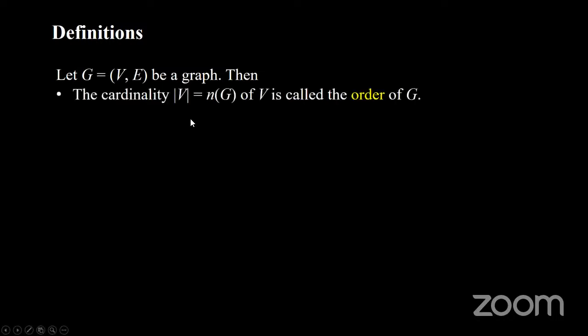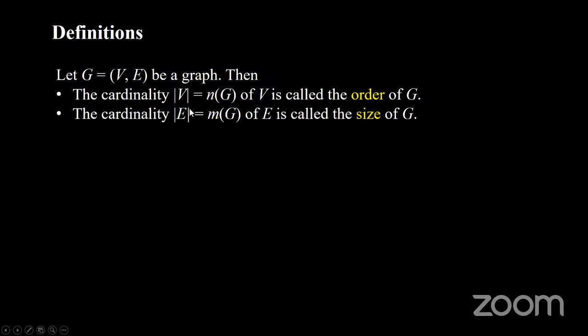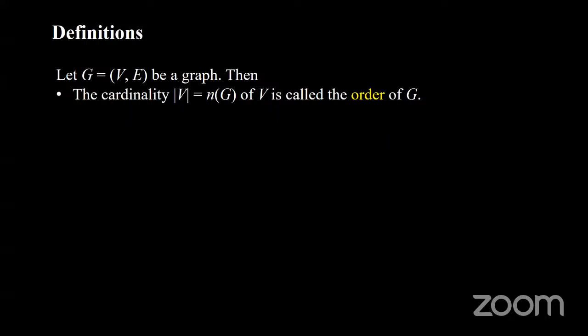Okay, then suppose we let G be the graph (V, E). Then the cardinality, that is the number of vertices. Vertex is singular, and vertices is plural. The notation is the cardinality of V(G), the absolute value sign, and that is n(G).